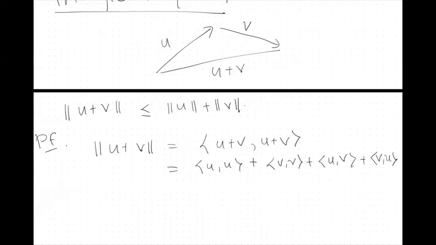We have done this earlier, right? And then this is the inner product of u plus v, u plus the inner product of u plus v, v, plus the conjugate of the inner product of u and v.